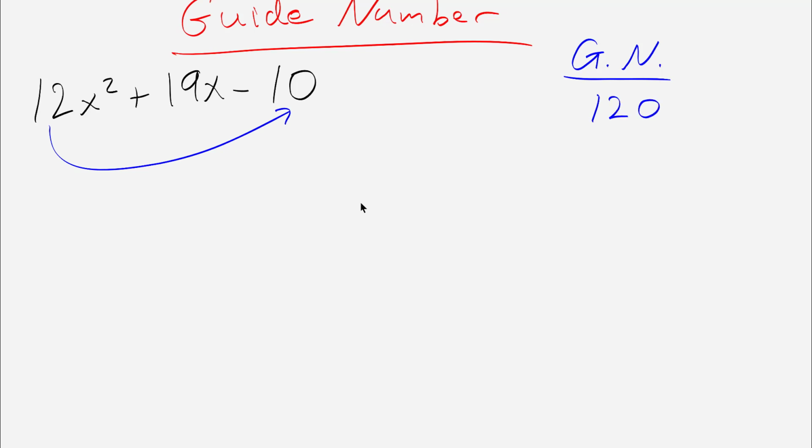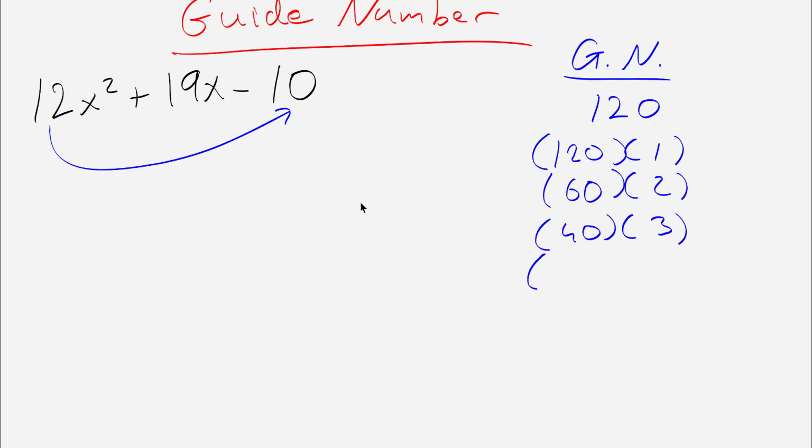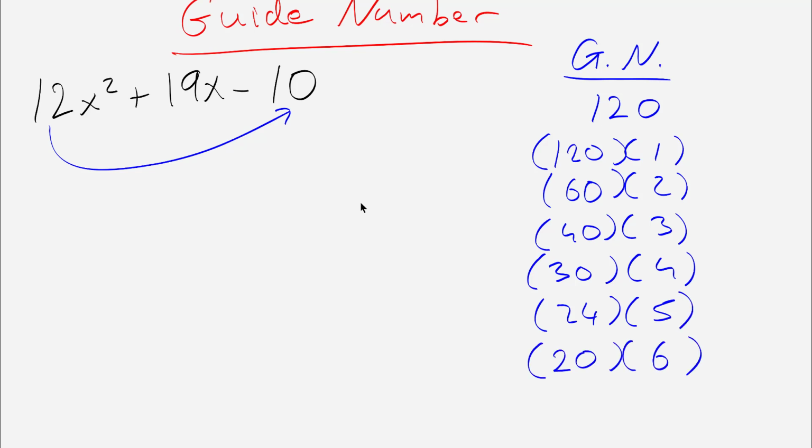Then the factors of 120, we have a lot here now, so it could be 120 by 1, maybe 60 by 2, maybe 40 by 3, maybe 30 by 4, maybe it's 24 by 5, maybe it's 20 by 6, and so on. So we actually have stumbled across the ones we need here.